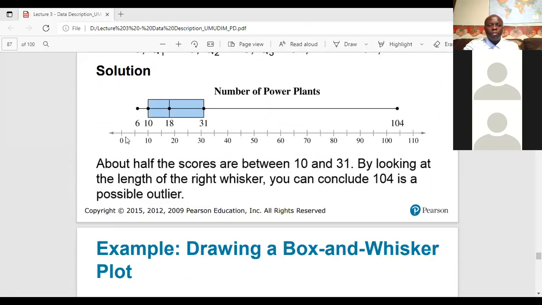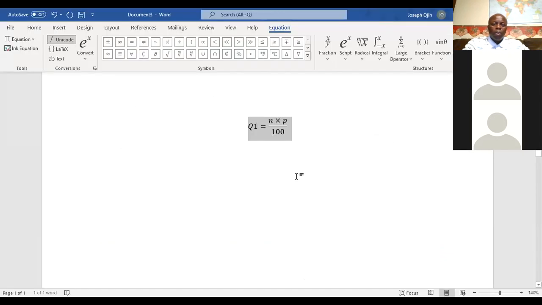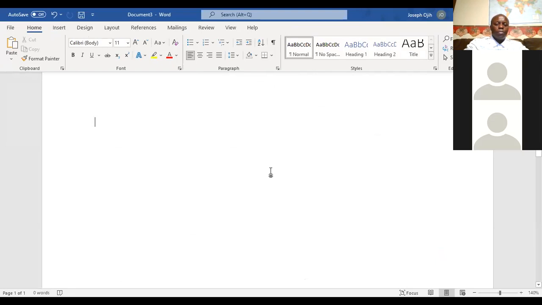First of all, you make a line from 0, because the largest number is 104. You make it from 0 to 110, and you draw this box. I'll show you how you can draw it. First of all, go here. You have 0.